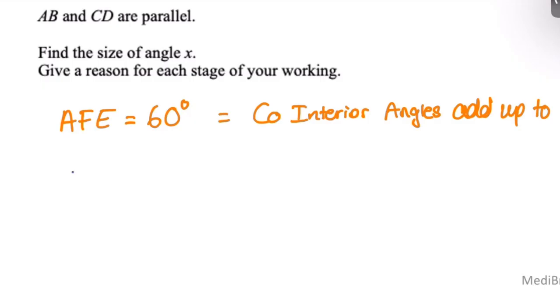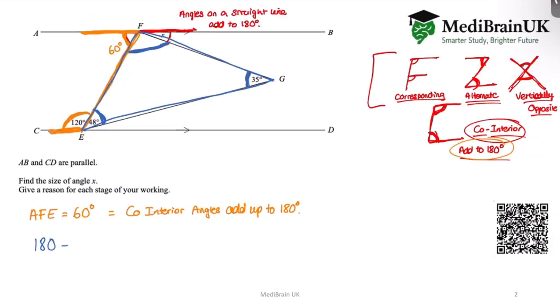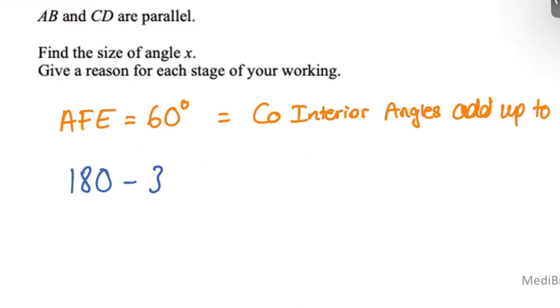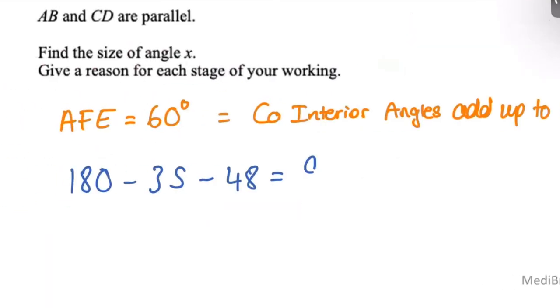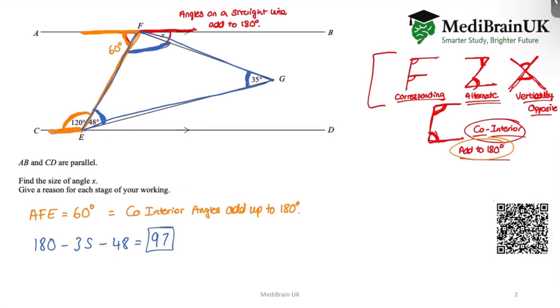So we're going to do 180 subtract 35 subtract 48. And 180 subtract 35 subtract 48 is going to get you an answer of 97. And because it gives you an answer of 97, this 97 is this angle over here, angle EFG.